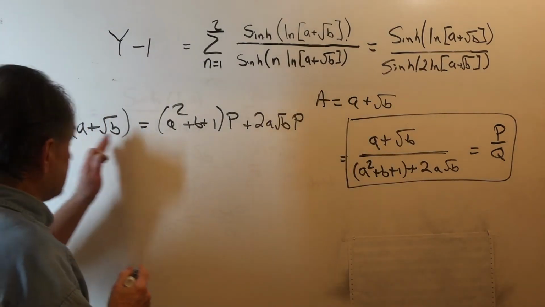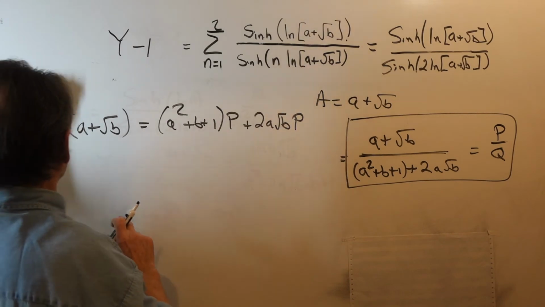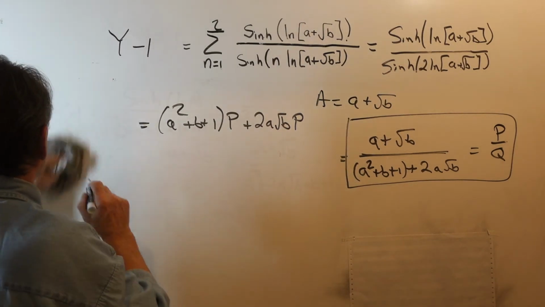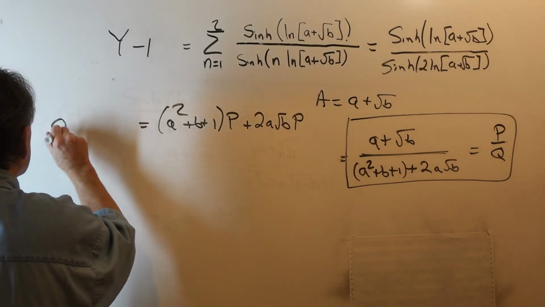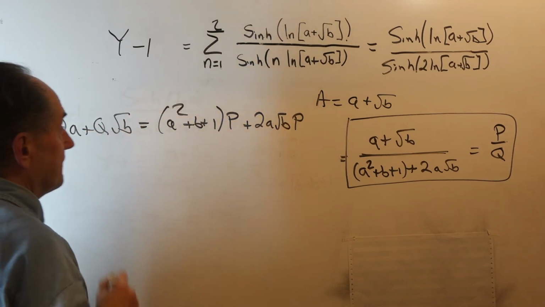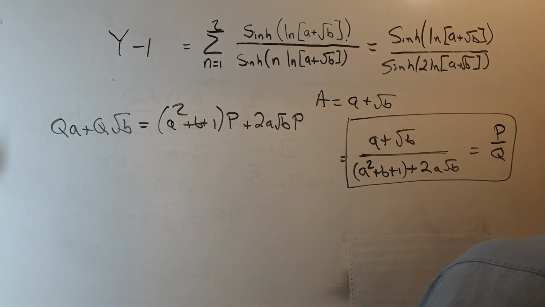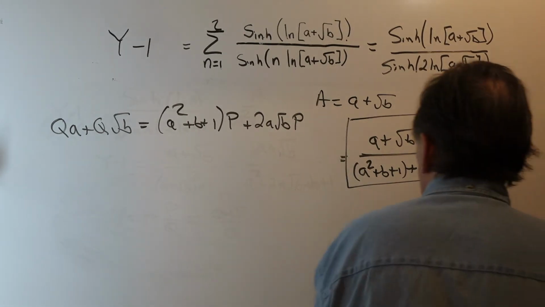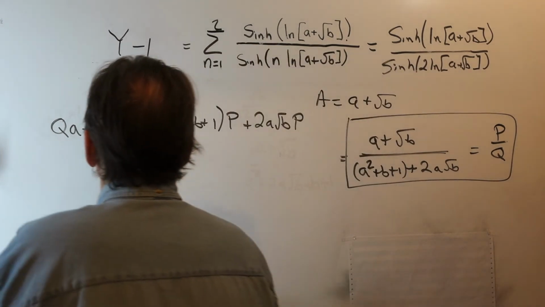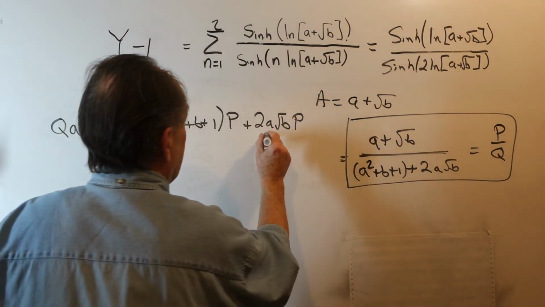And let's expand this out here. So this is qa plus q times the square root of b. So we've got qa plus q times the square root of b. Now, in order for this to be rational, we have to get rid of the radical on both sides.